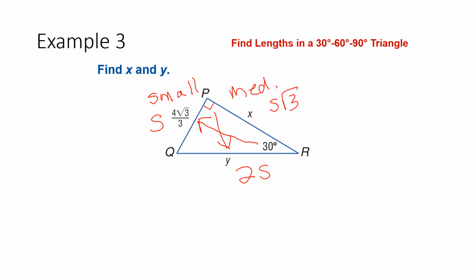So what I'm going to do is I'm going to have to do this in 2 pieces. To do the medium side, I'm going to have to take the short side and multiply it times the square root of 3. And to do the long side, I'm going to say 2 times the small side.